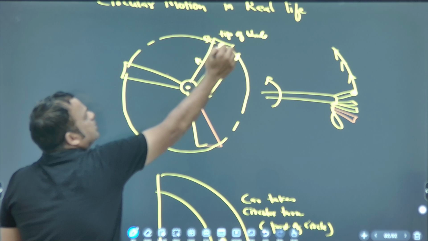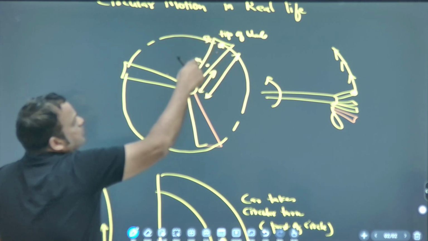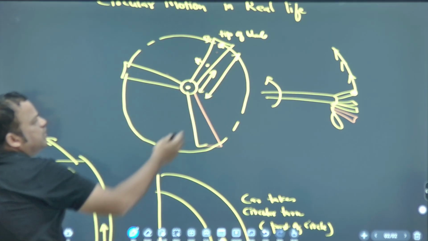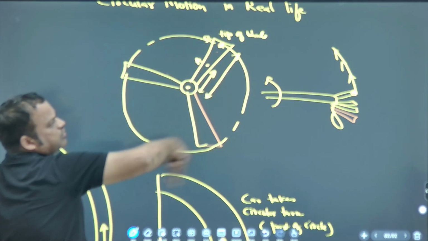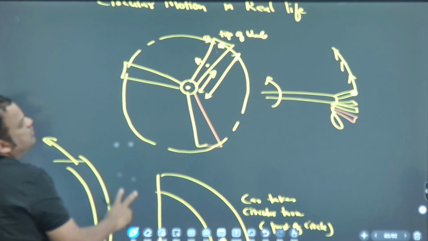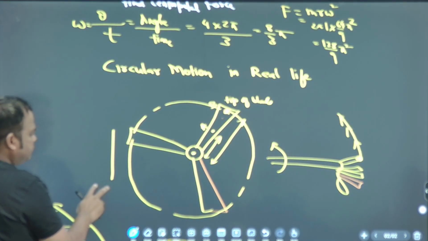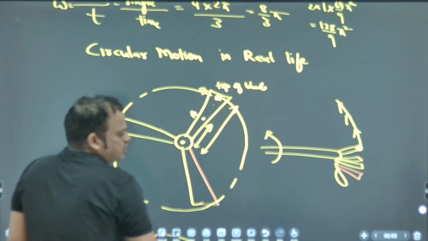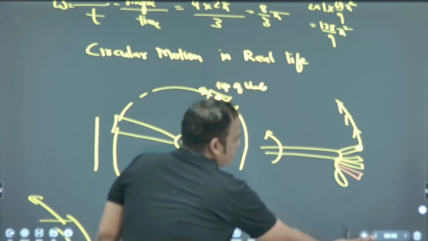Any point on the fan is in circular motion. It can be anti-clockwise, it can be clockwise. Okay, fine. So let's do some examples one by one.